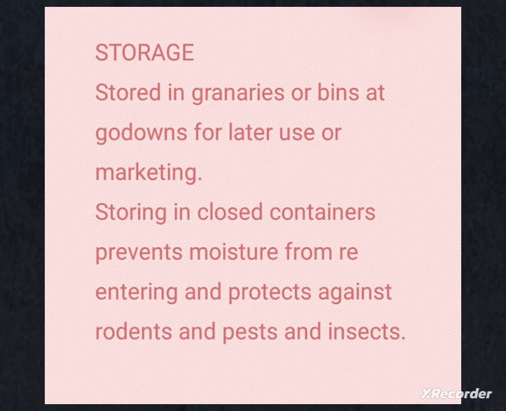Now coming to the last process of agricultural practice, that is storage. Grains yielded are stored in granaries or bins at godowns for later use or marketing. So in order to protect grains from pests and rodents, cleaning, drying, fumigation, etc. are done prior to storing.